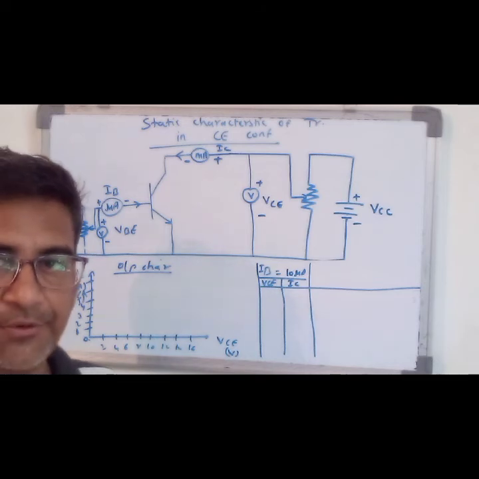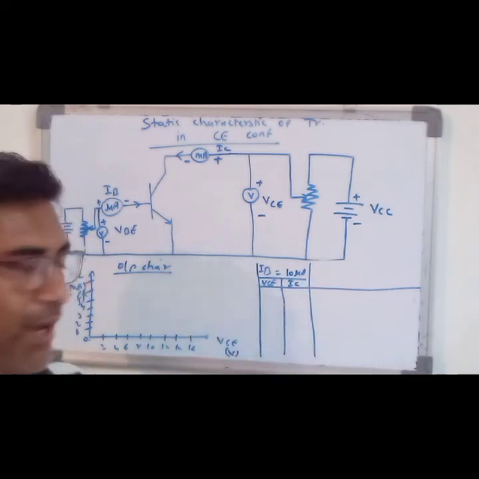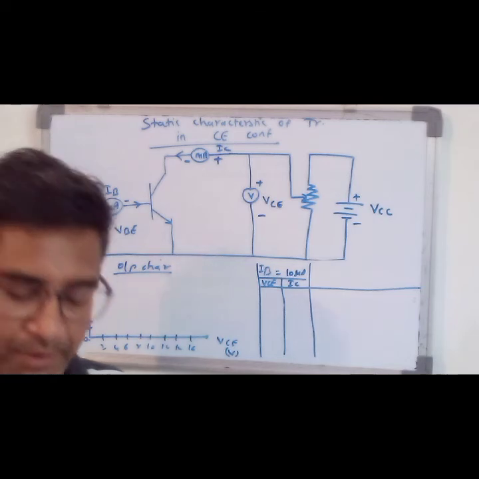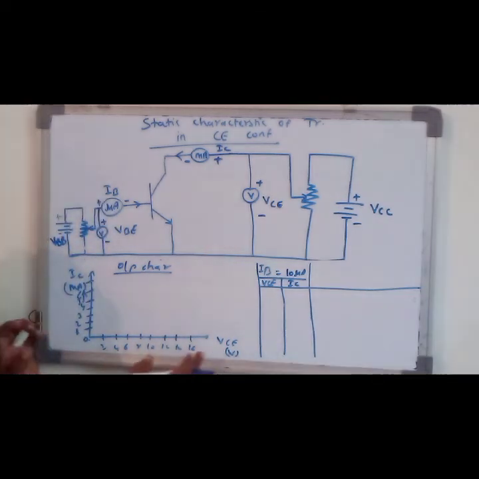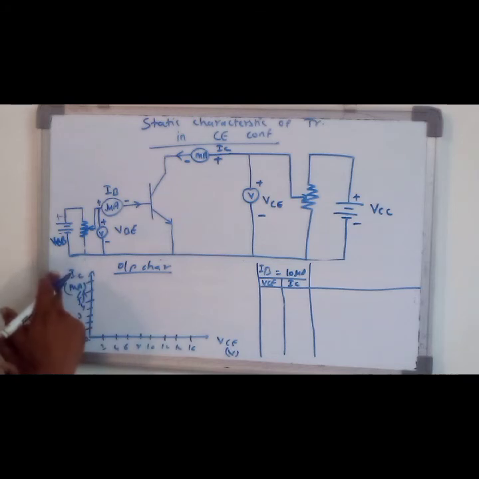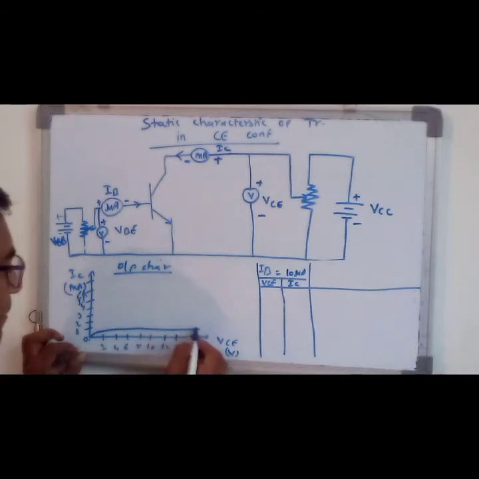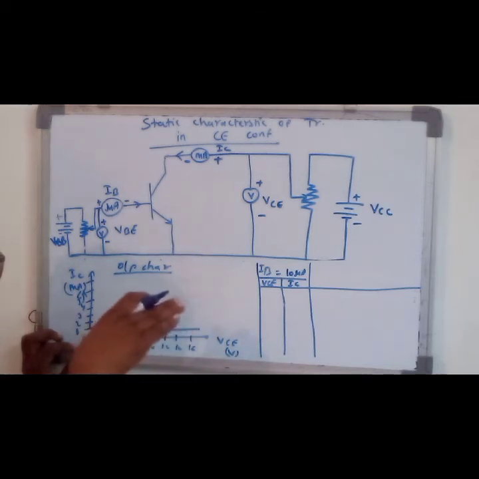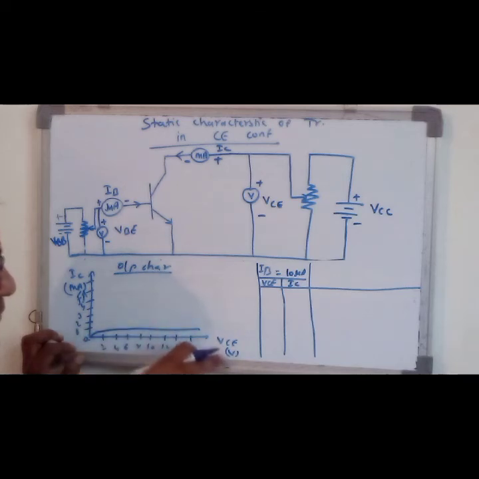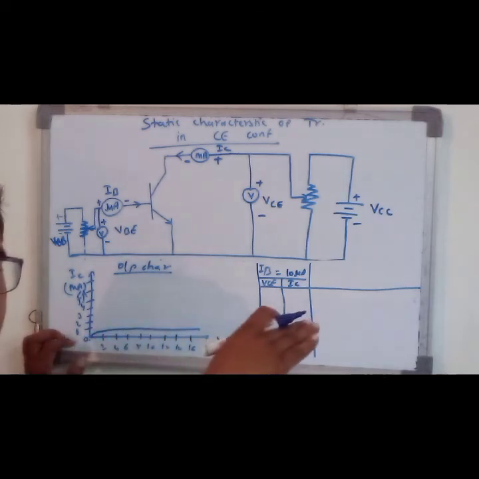Now when IB is equal to 10 microampere, the graph that is plotted is VCE across IC. At this particular instant, you will get a graph that increases like this, and at one particular point the value becomes constant, so the current and that particular voltage remain at one particular flow.